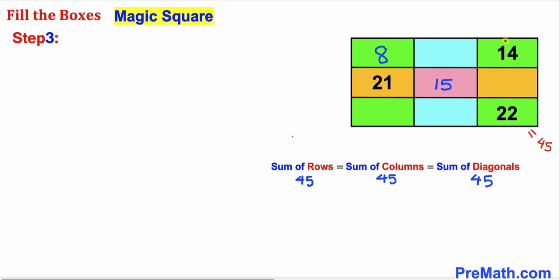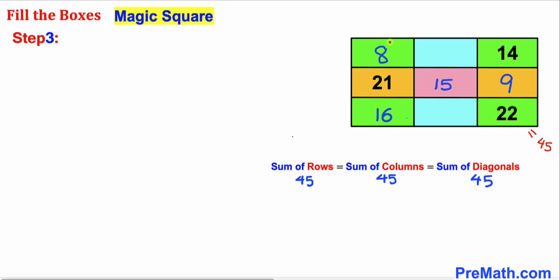Now let's focus on this column. We have these numbers 14 and 22, so this number has got to be 9, such that if we add all these three numbers, they equal 45. Now let's focus on this column. We know these numbers 8 and 21, so this number must be 16 such that they add up to 45.